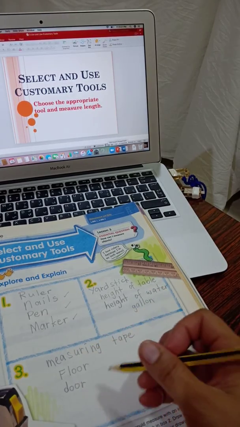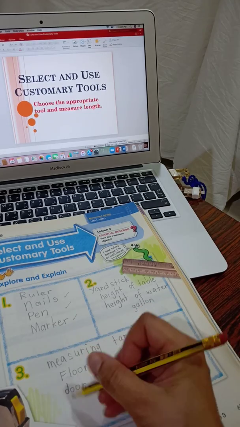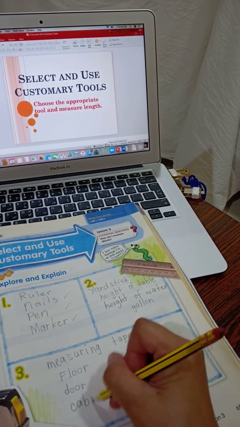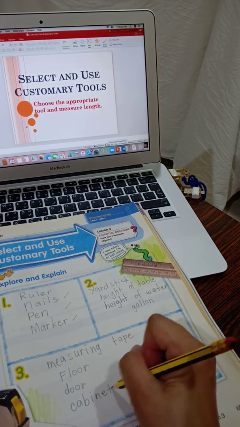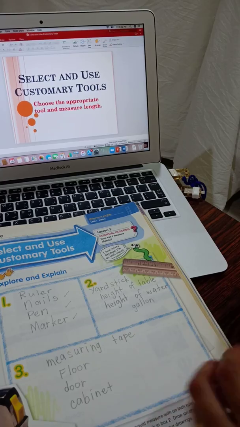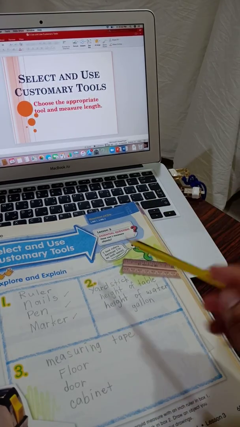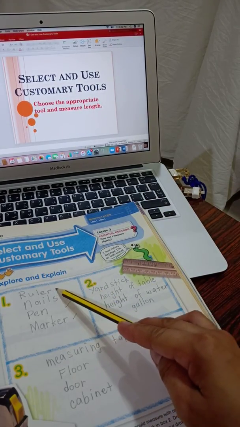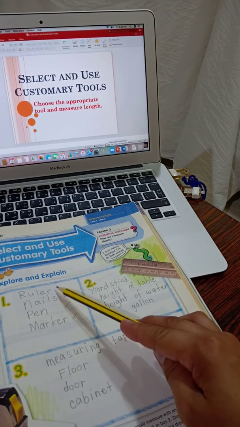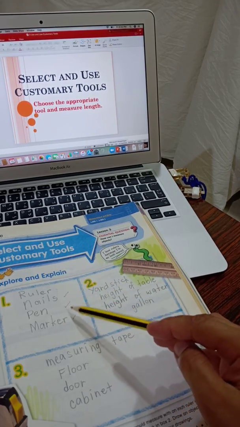We can measure our cabinet using a measuring tape. Excellent. Now, we can say that the objects that can be measured by the ruler are small objects.